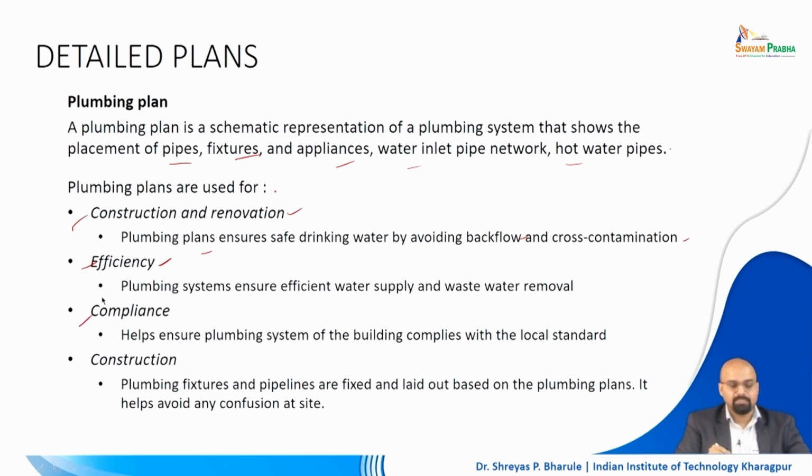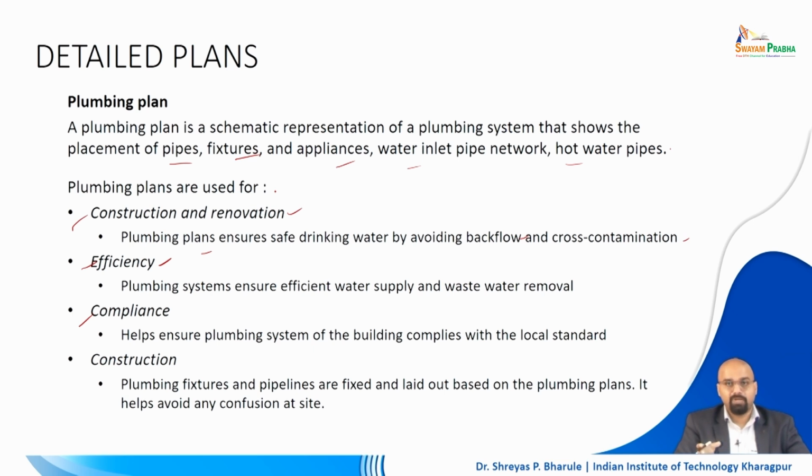Then you have compliance. For example, in case of a building, you need to comply with the local guidelines and standards. For example, if a certain location does not have a municipal wastewater collection supply or municipal sewer line, then all of the waste will go to the septic tank, and only the excess drain or wastewater coming from the septic tank will be connected to the sewer.